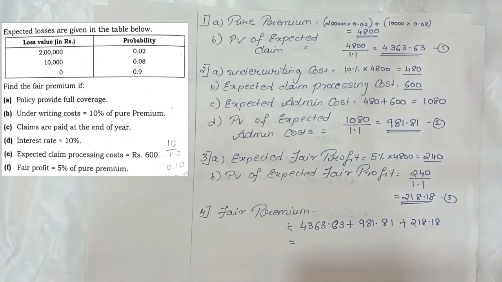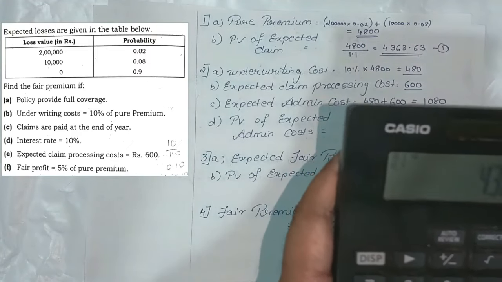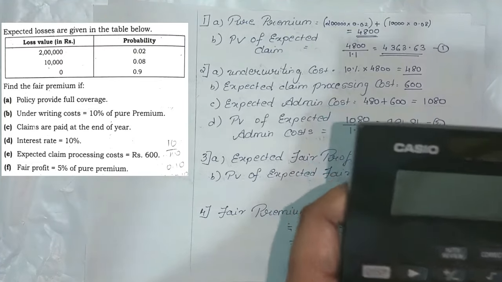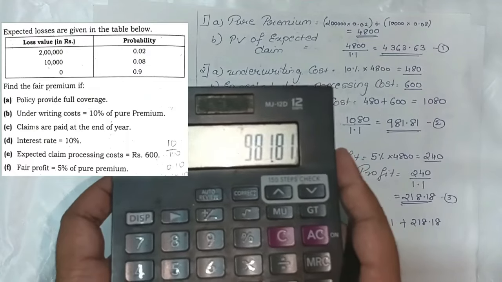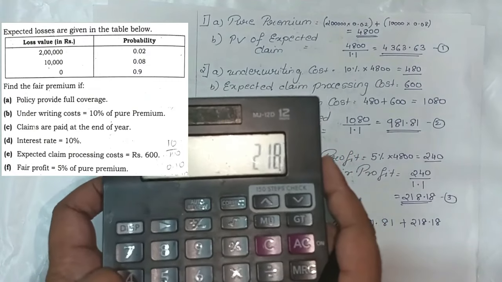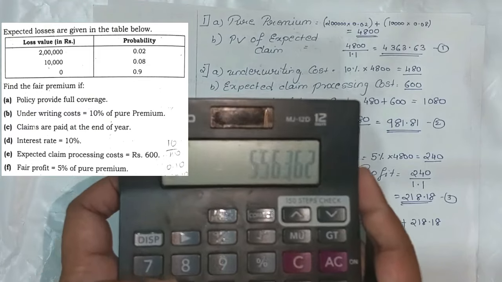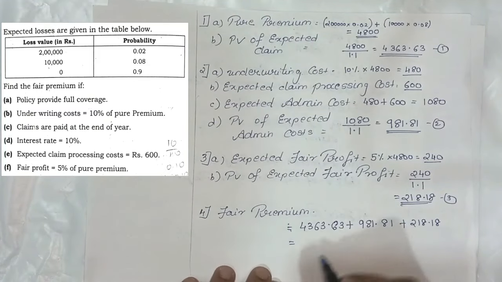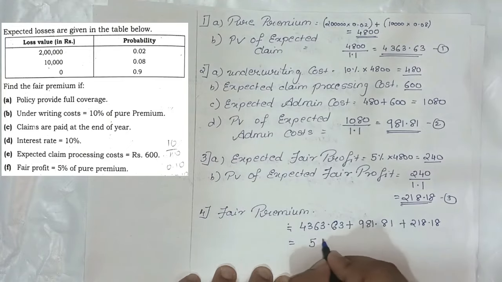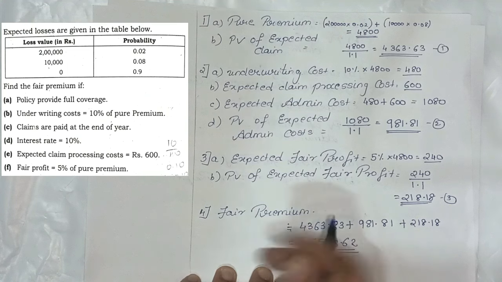We add up all those three values: 4,363.63 plus 981.81 plus 218.18, the total comes to 5,563.62. So that's our final answer. Fair premium for this particular sum was 5,563.62 rupees.